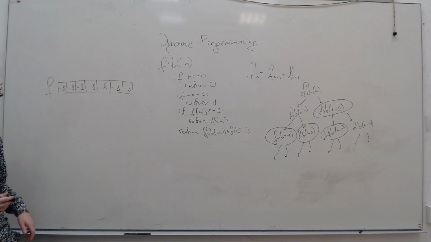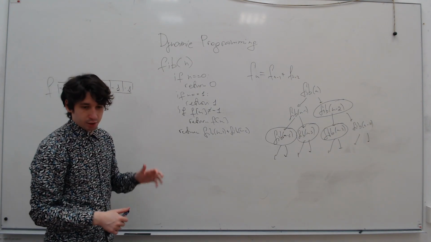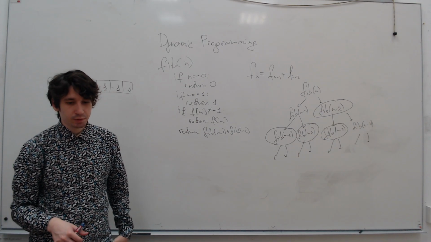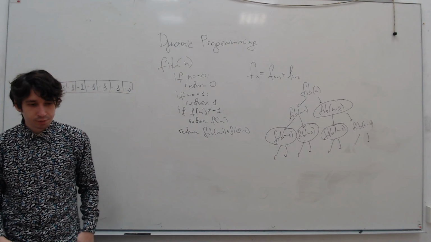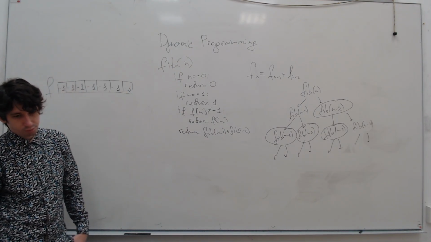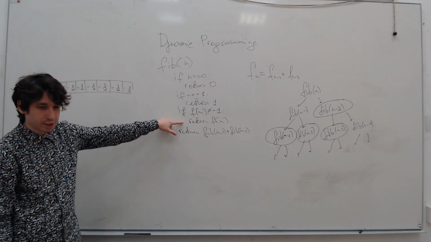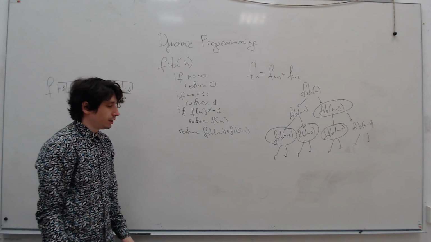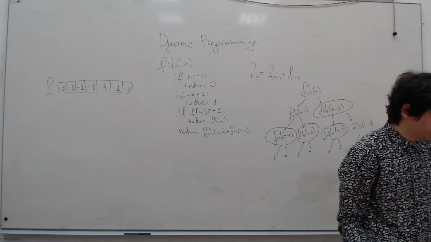Okay, that's already very good. What is the complexity of such an algorithm? Can you tell me? Depending on n. O of n? Yeah, it will be linear because you calculate each value only once, right? So this is almost what dynamic programming is.